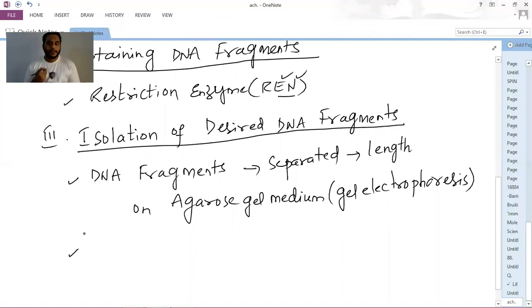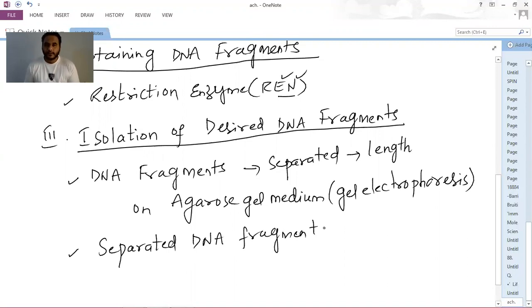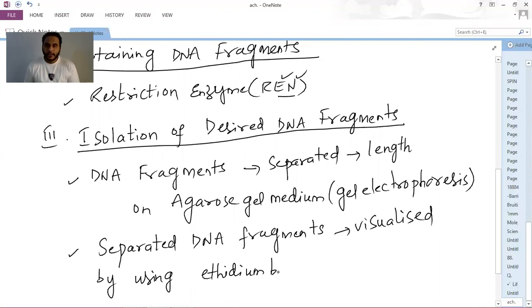And followed by this, the separated DNA fragments, how do we visualize them? You have to visualize them, right? So the separated DNA fragments are visualized by using ethidium bromide, followed by exposure to UV radiation.